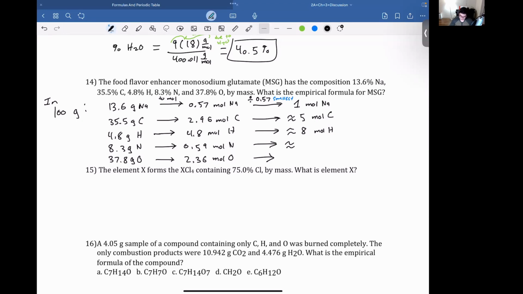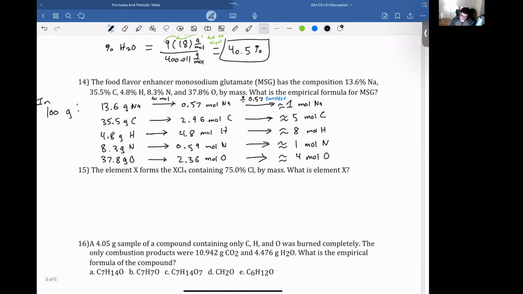So for 0.59, this is about 1. Then for 2.36, it's 4.1, which just goes to about 4. Done.